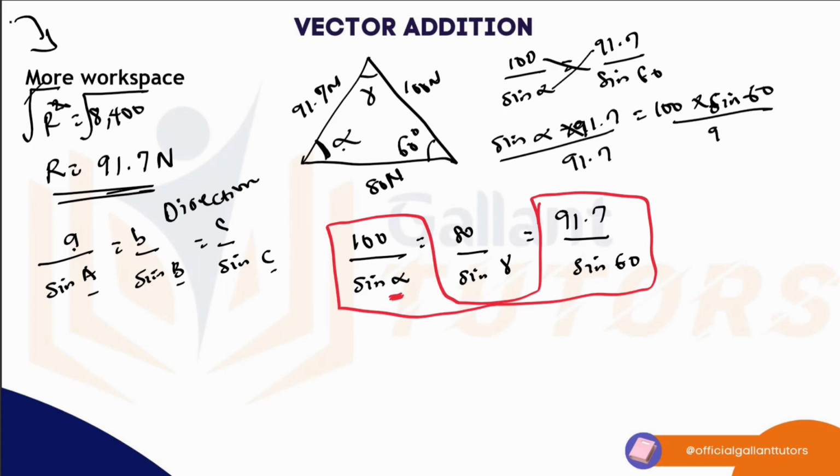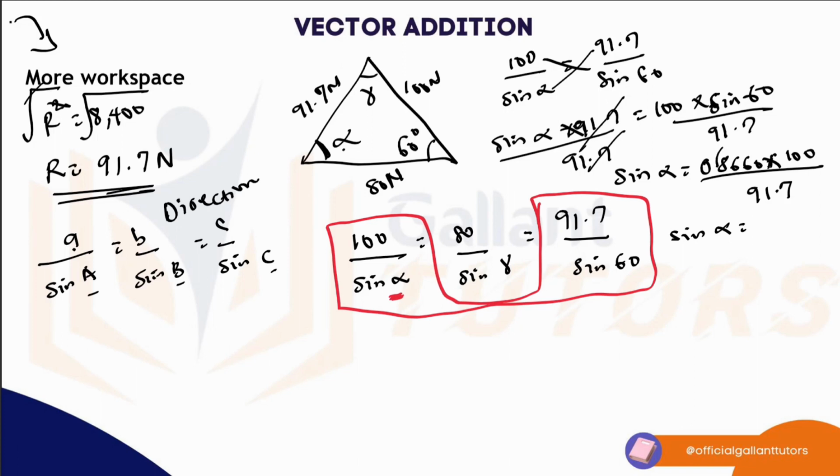Divide both sides by 91.7, so sine alpha is equal to sine 60, which is root 3 over 2, which is also 0.8660, times 100 divided by 91.7.